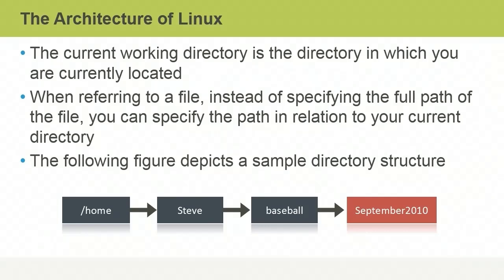However, if you are presently in the Steve folder, you can say ./baseball/September 2010. That means you are referring to it in relation to your current directory. If you are in the baseball directory, you don't need to give the complete path. You can directly access the September 2010 file because it is present in that folder itself.